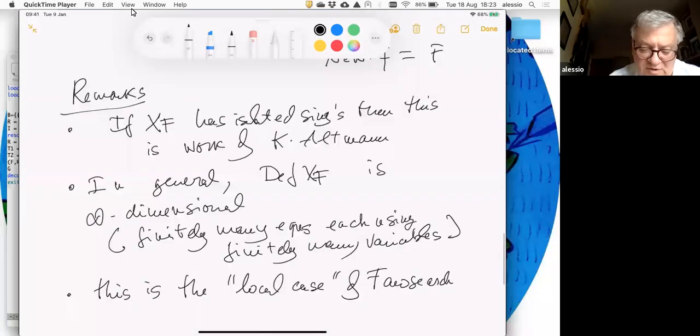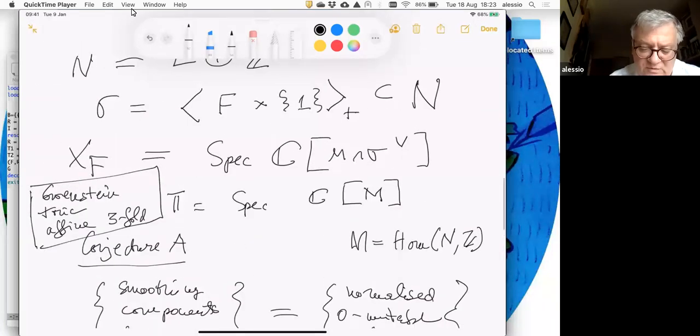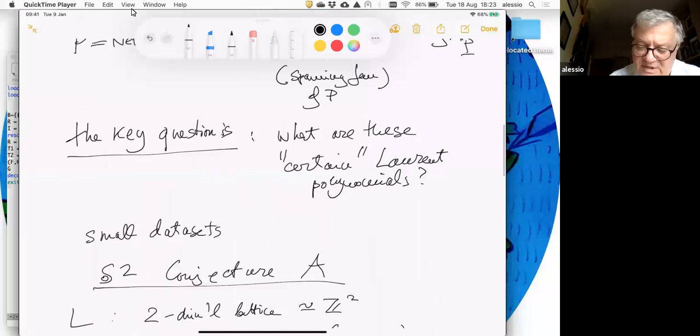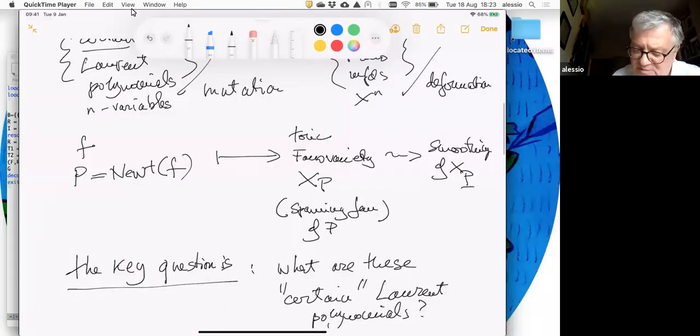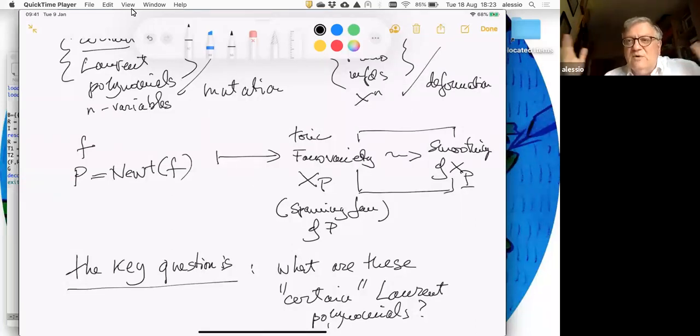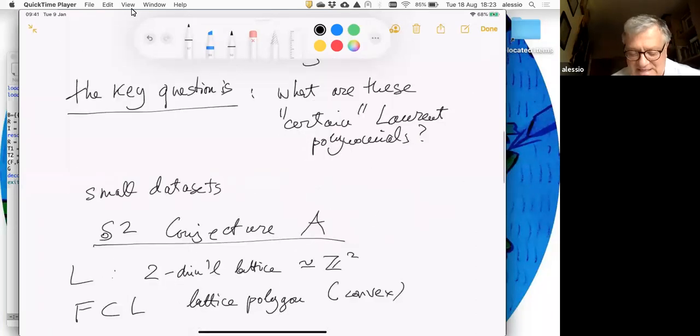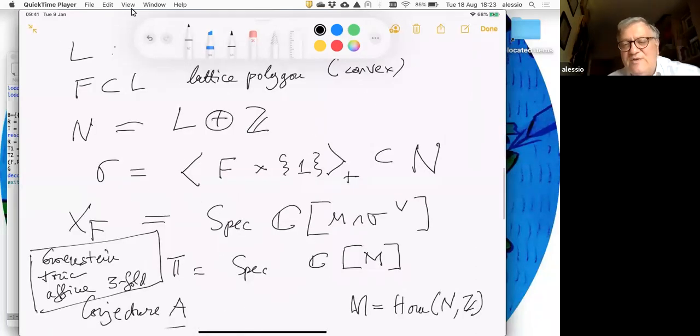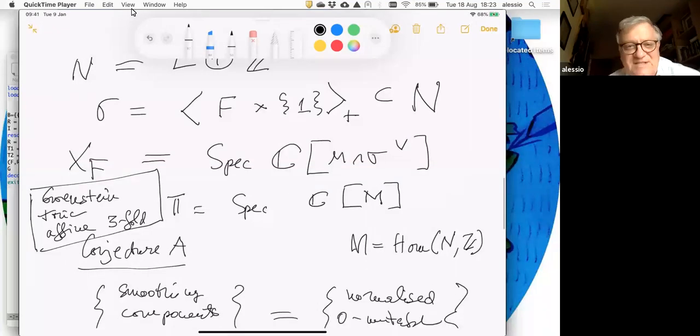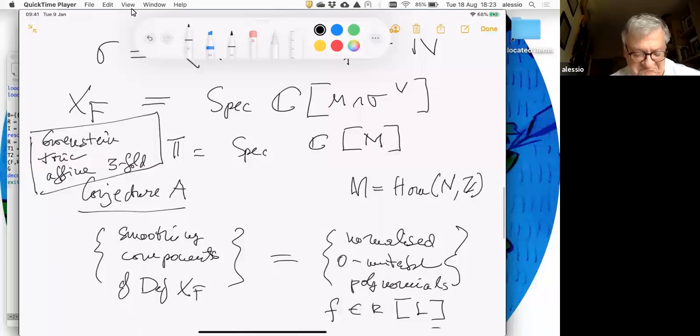If we want to learn how to smooth a toric Fano variety, a proper toric Fano variety, then it's an atlas of affine pieces, and learning how to smooth the pieces is the first step in that direction. And this is what Conjecture A is doing.